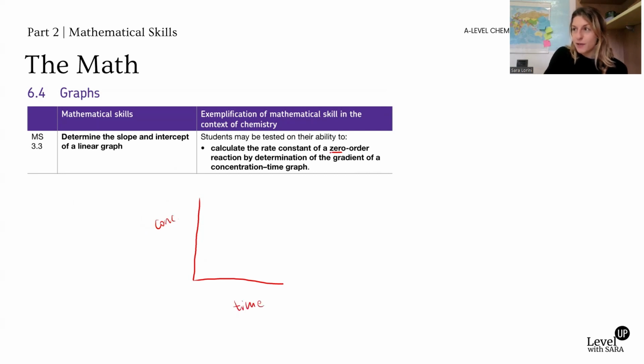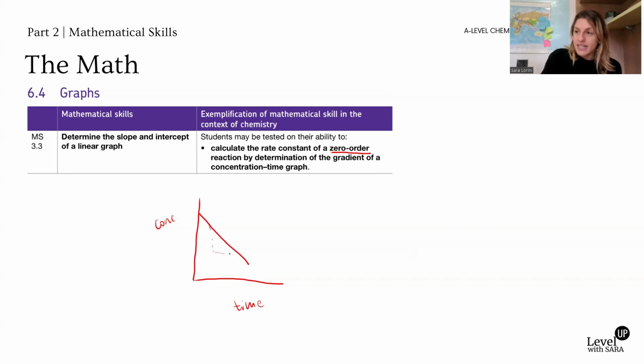Now, if it's a zero-order reaction, do you remember what that means? That means that the rate is not affected by the change in concentration. But the concentration will still change, because if we assume it's a reactant, the concentration will decrease, meaning that we will have just a straight line.